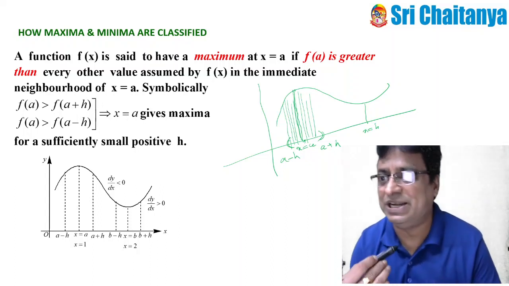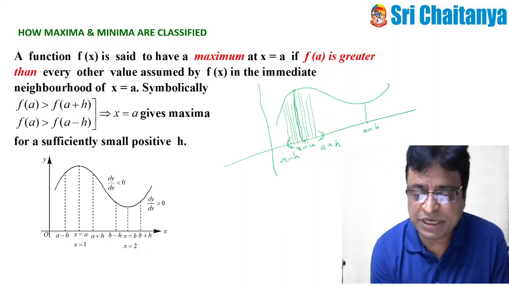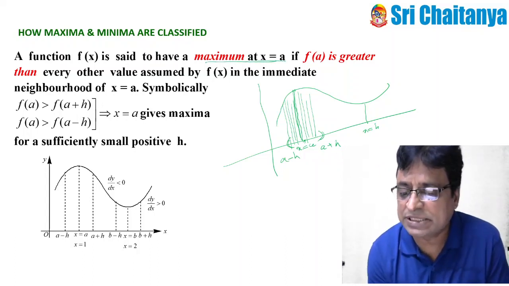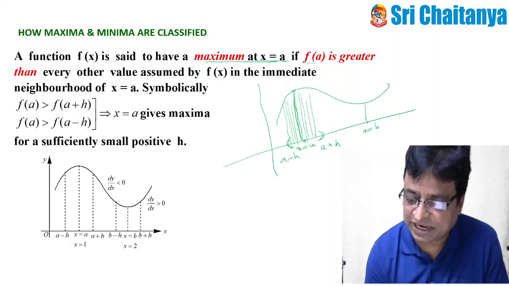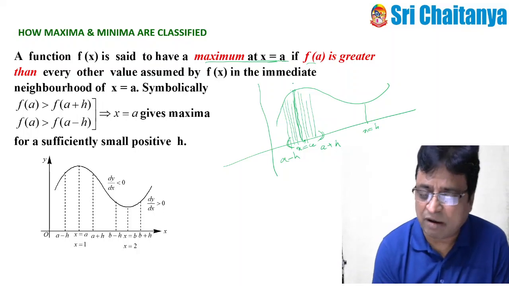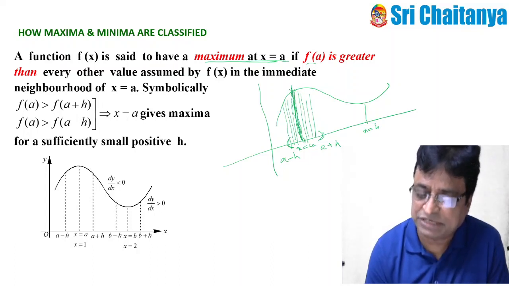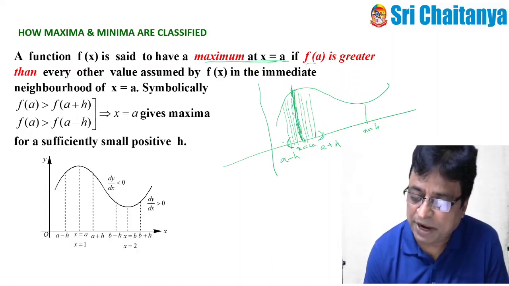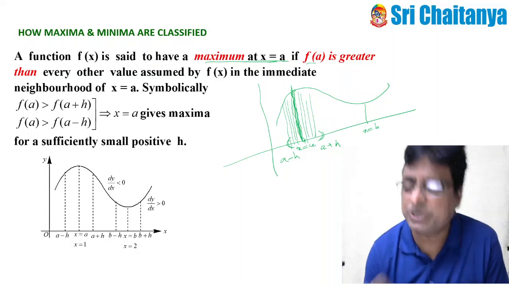How can we explain that in terms of mathematics? A function is said to have a maximum at x is equal to a if f of a is the greatest value, greater than all other functional values attained from a minus h to a plus h.